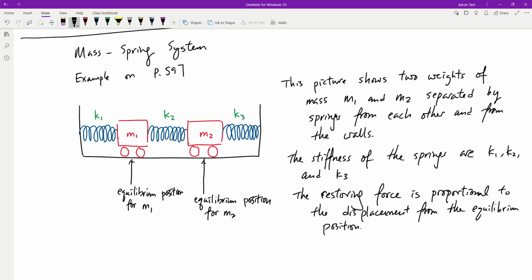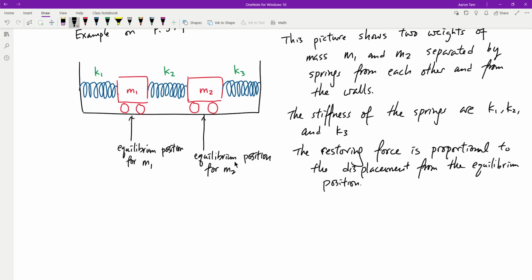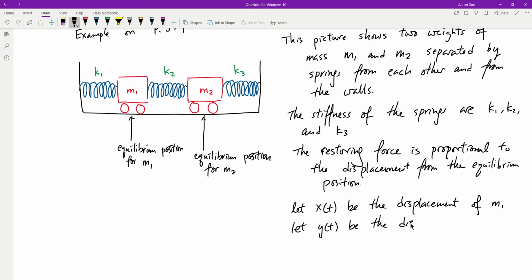We're going to go ahead and call X the displacement. Let X of t be the displacement of mass number 1, and let Y of t be the displacement of M2.